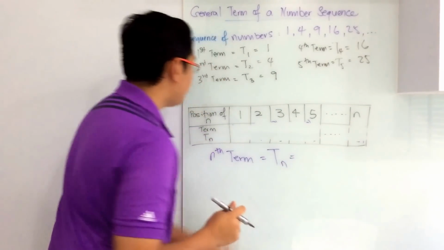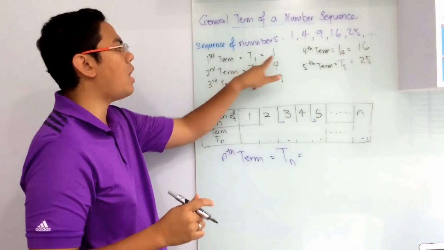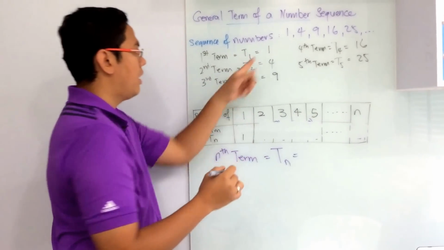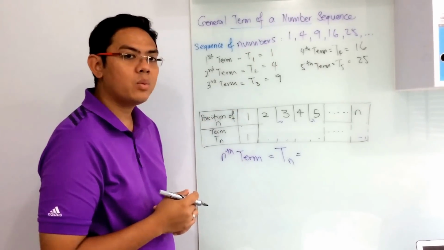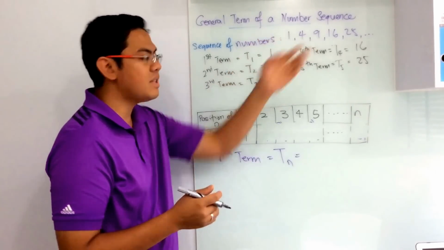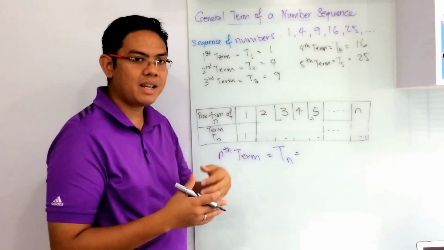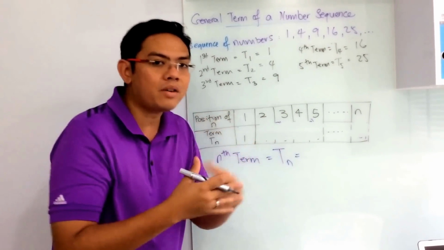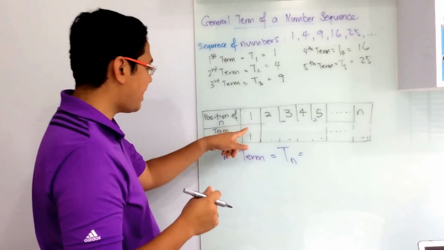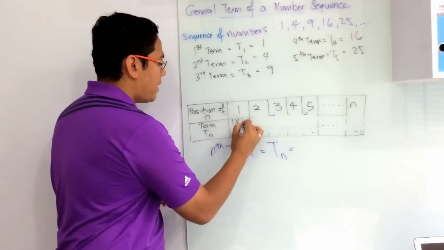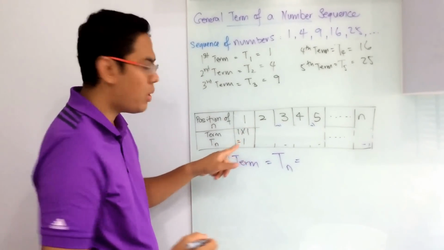So the first term, the first position of 1, is 1. How do you get 1? In this sequence, you can see that every term is basically the square of the number of the position. Let's take a look. How do I get 1? 1 multiplied by 1 is equal to 1.